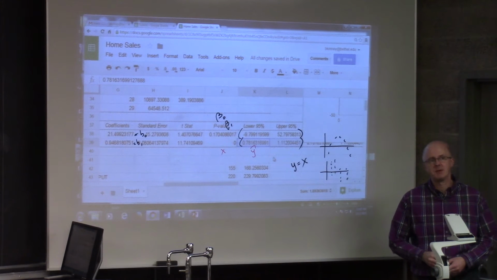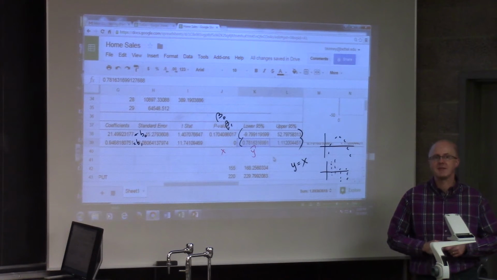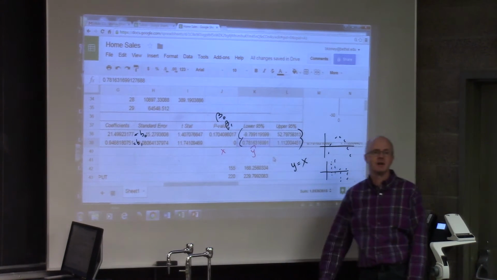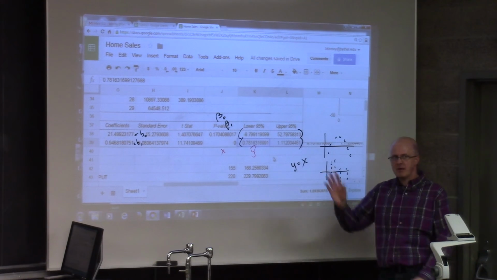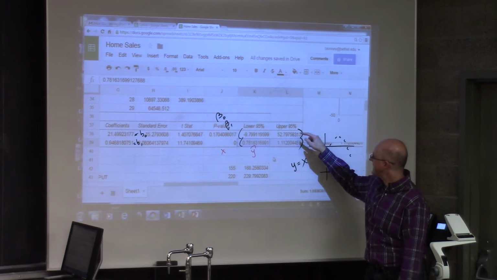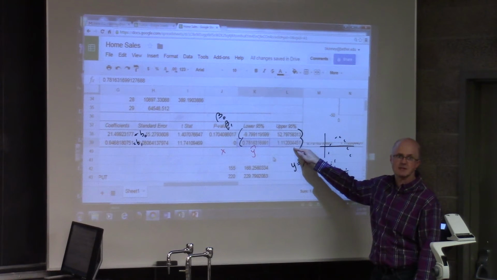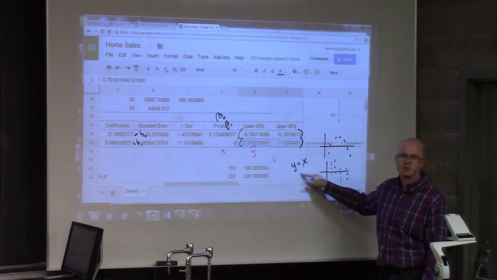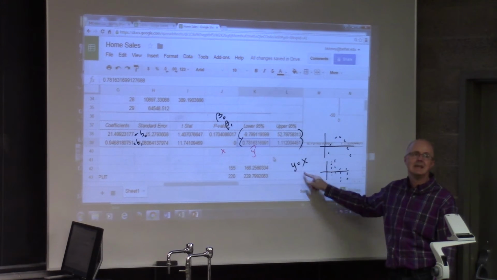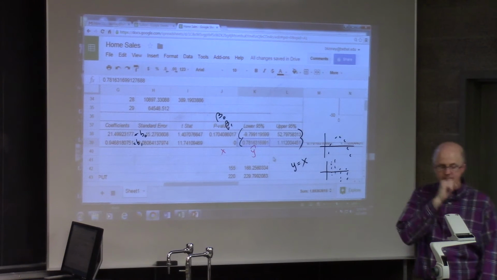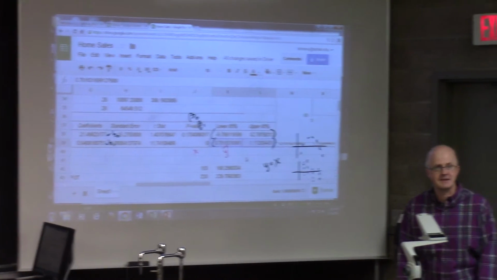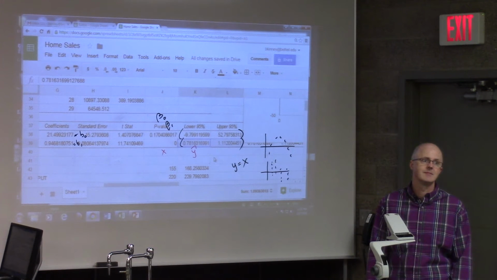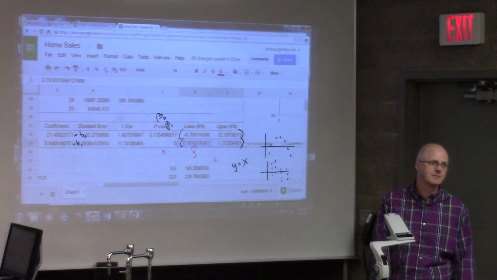Based on these sample data, if we give the null hypothesis the benefit of the doubt, say that beta 0 is 0 and beta 1 is 1, intuitively, without putting a p-value on it, based on the fact that this interval contains 0 and this interval contains 1, we do not have strong evidence against the assumption that the population regression line actually is y equals x, that, on average, so to speak, the sales price does not differ from the assessed value. That's what that part is all about.